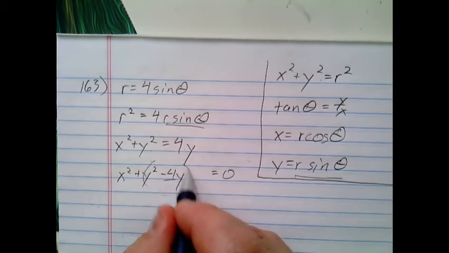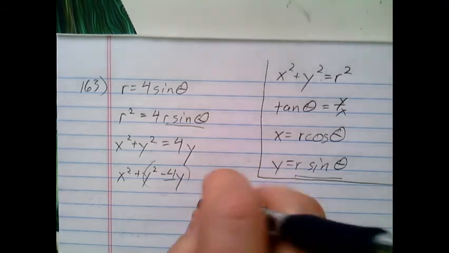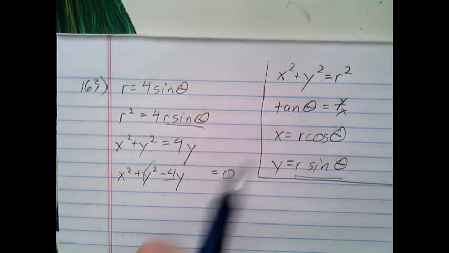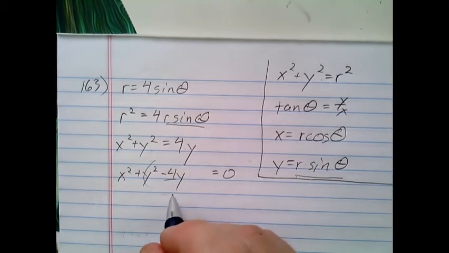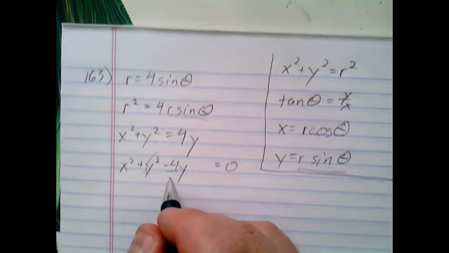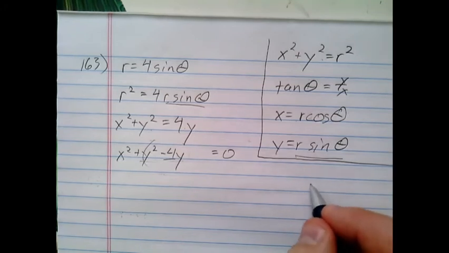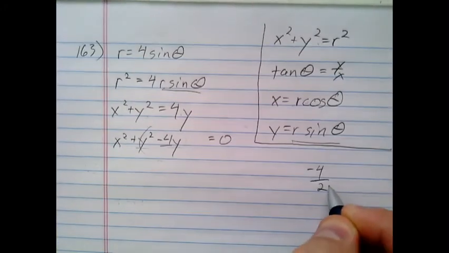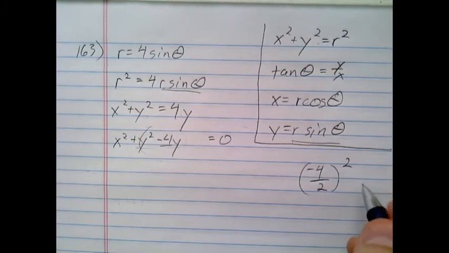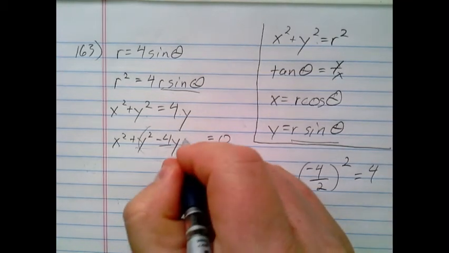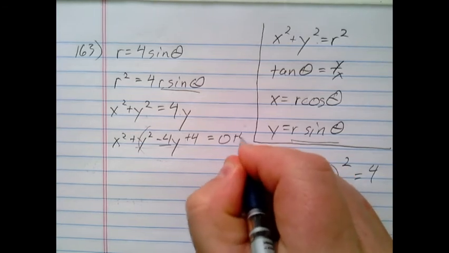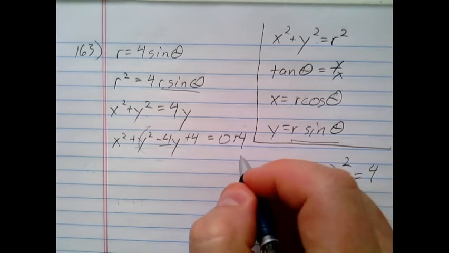I'm going to try to turn the y squared and the y term into a perfect square trinomial. So I'm going to take the coefficient of the degree 1 term, that negative 4, divide it by 2, and square it. That gives me negative 2 squared, or 4. And then I'm going to add 4 to both sides.